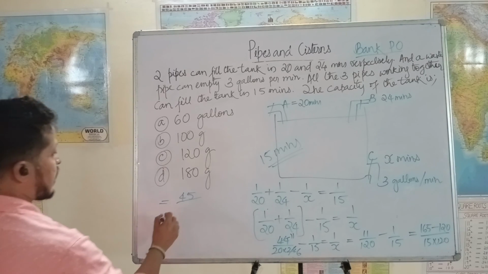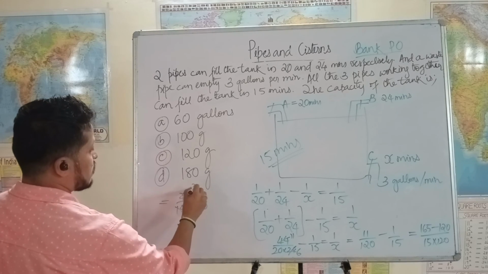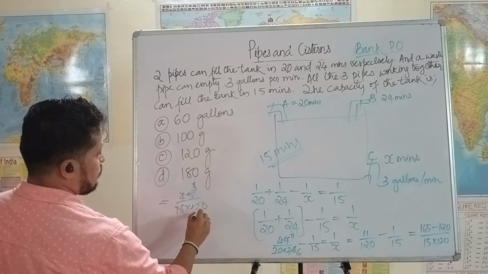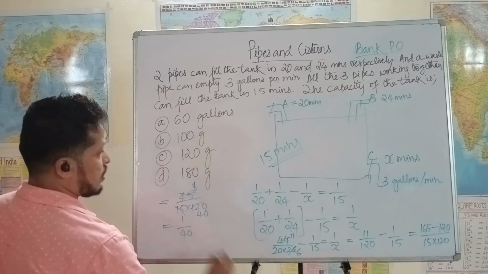It gets cancelled: 15 ones are 15, 15 threes are 45, so 3 by 120, which is 1 by 40. So 1 by X is equal to 1 by 40.